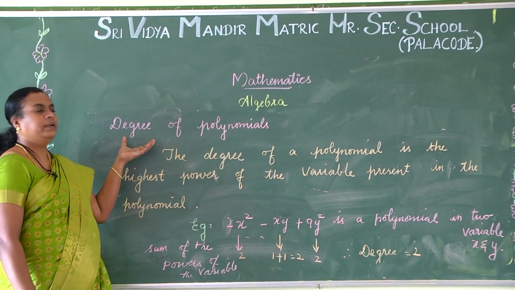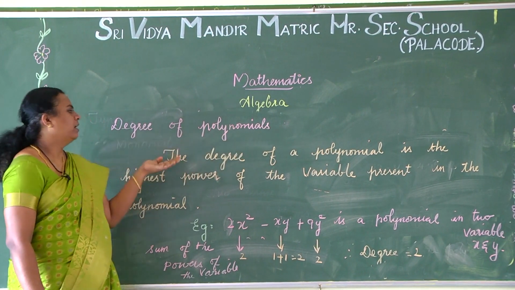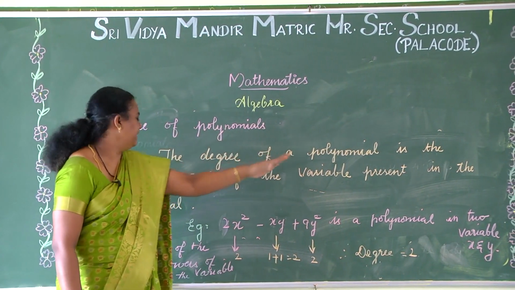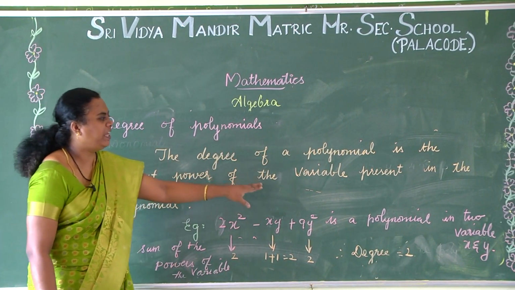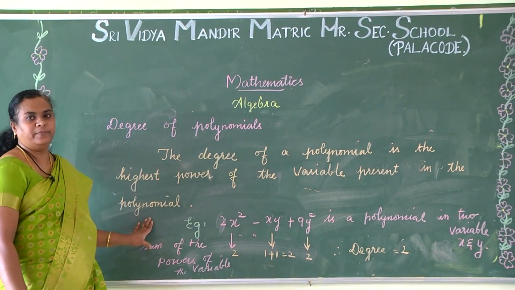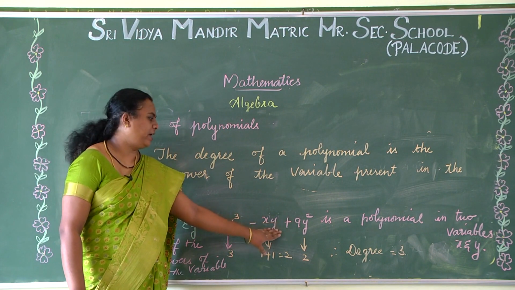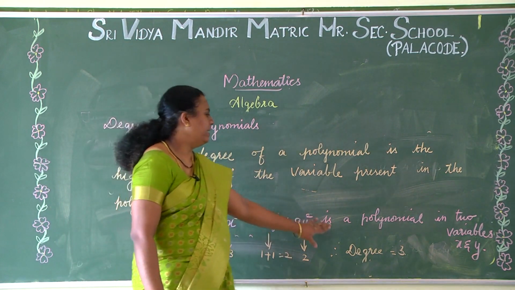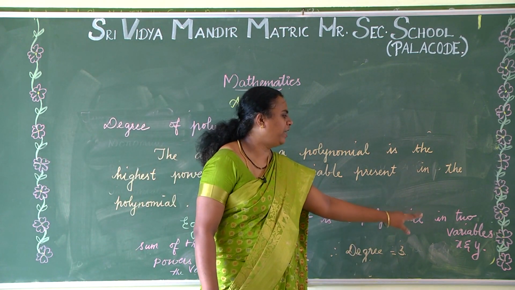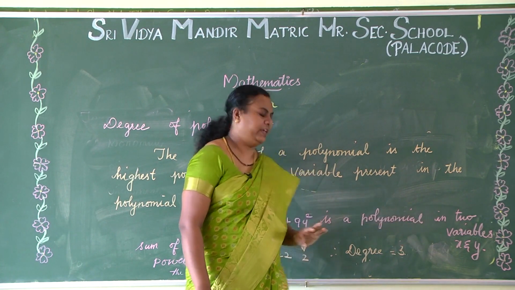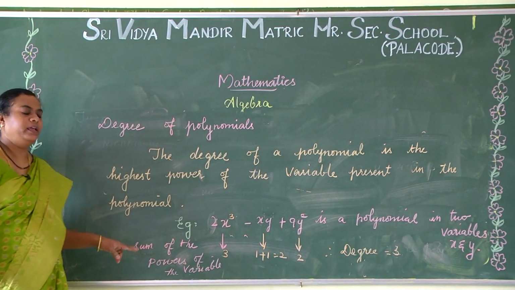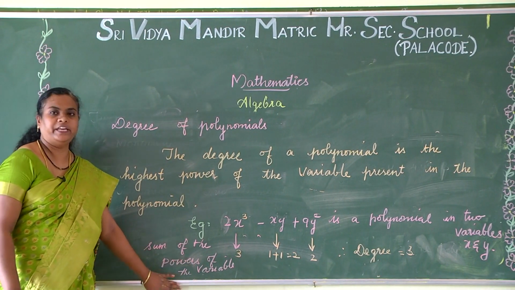Now let's see the degree of a polynomial. The degree of a polynomial is the highest power of the variable present in the polynomial. For example, 2x cube minus xy plus 9y square is a polynomial in two variables x and y. Let's see the sum of the powers of the variables.